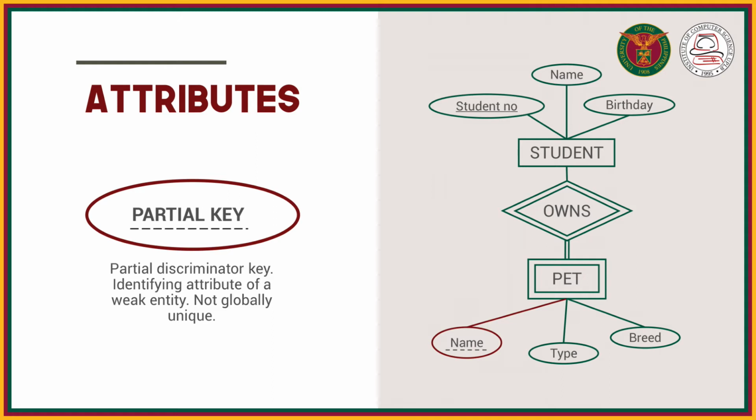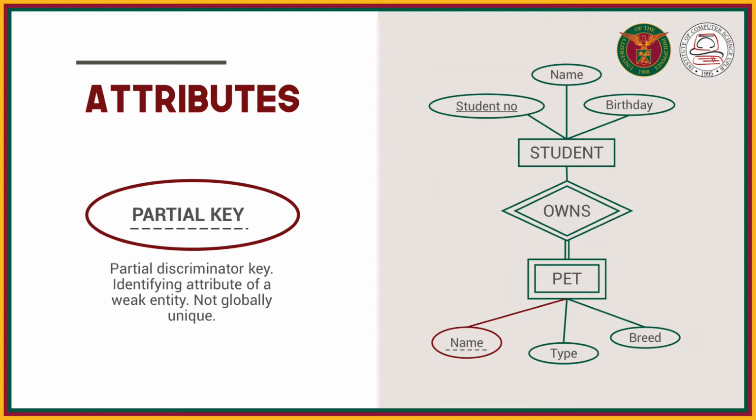In the case of our weak entities, we have what we call a partial key or partial discriminator key. This is the identifying attribute of a weak entity. It might not be globally unique for all the instances of the weak entity, but it needs to be unique for every association of this weak entity to its counterpart strong entity.